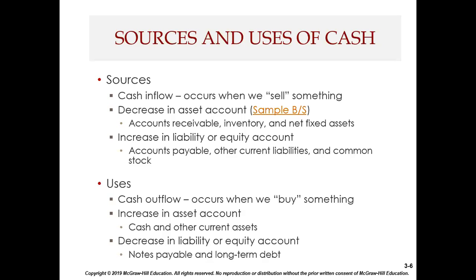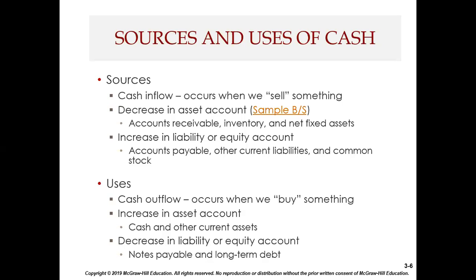So if an asset like accounts receivable or inventory or net fixed assets decrease from the beginning of the year to the end of the year, okay, so they decrease. We have less of those assets. That means we spent less in cash on those assets.